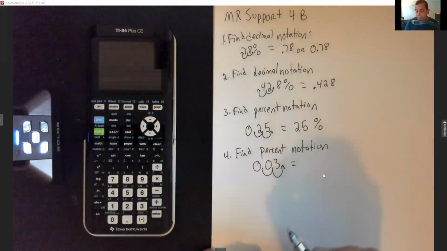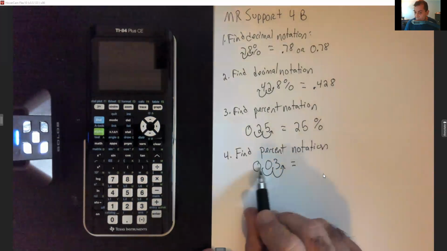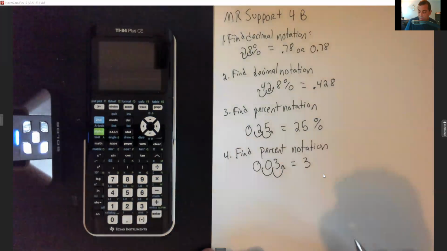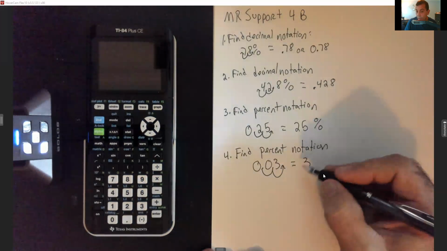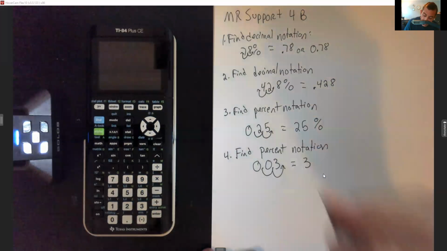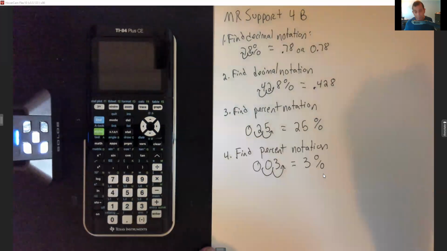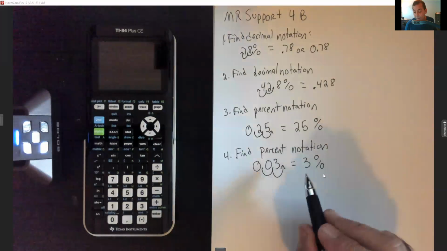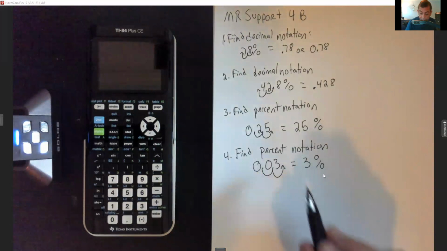Now, since these decimals are before my 3, I do not have to write them because 0.003 is the same thing as a 3. So I write my 3 and then my percent. Okay, so I don't have to put any zeros if they're before the first non-zero number, okay?